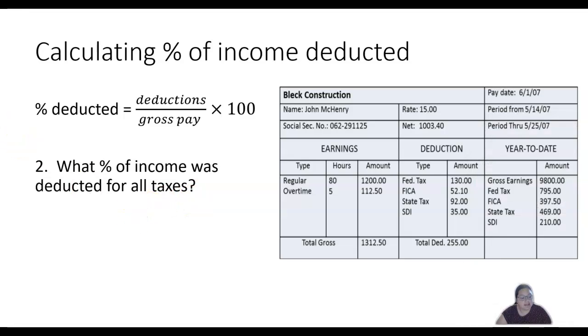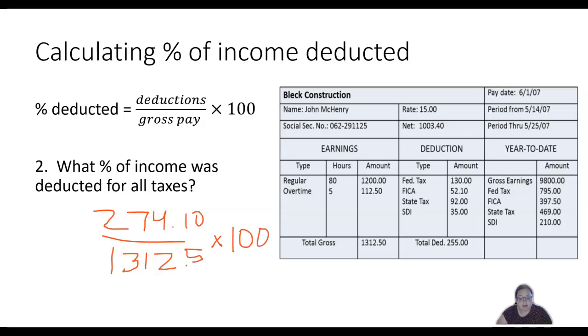So we're going to take that number and we are going to divide it by the gross income. Okay, so that dividing is going to give us a decimal. I want that changed to a percent, so we're also going to multiply by 100. So anytime I'm asking you to find a percentage, you should divide and then multiply by 100.